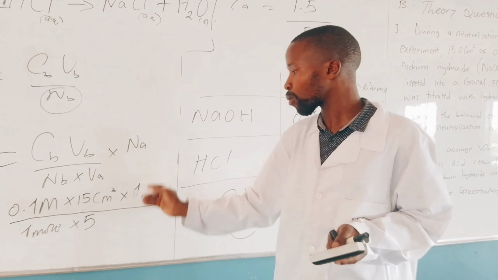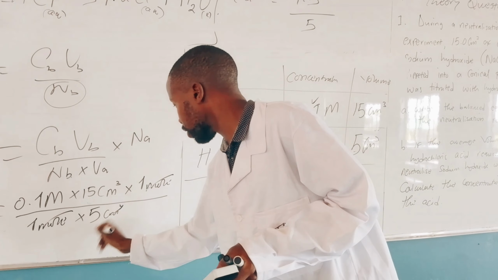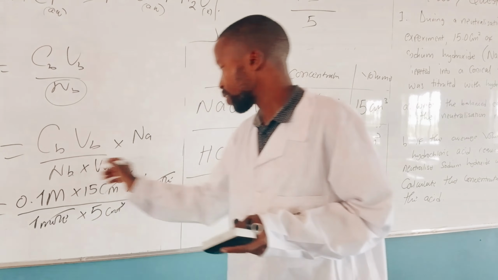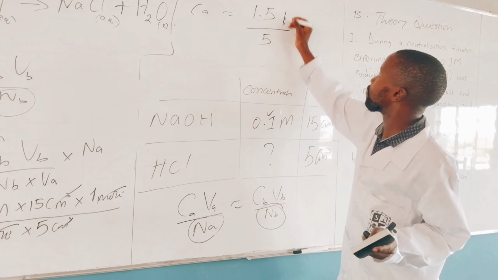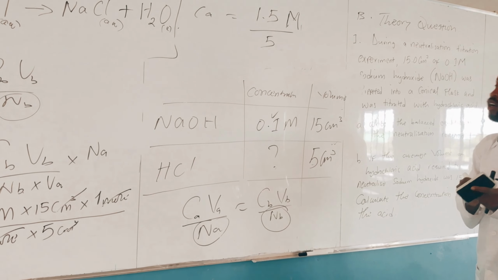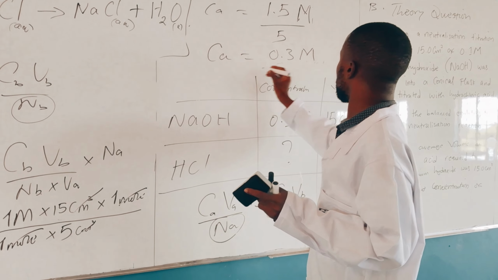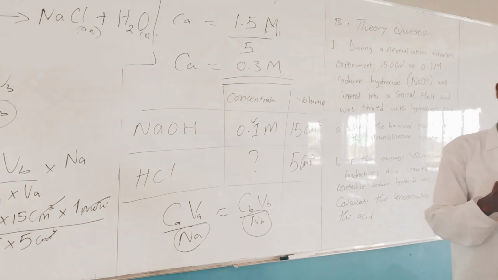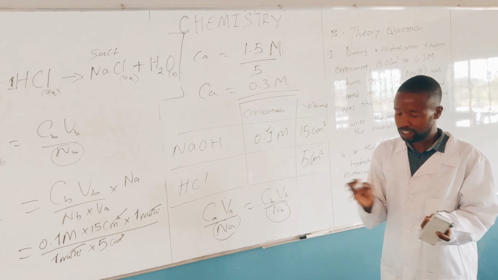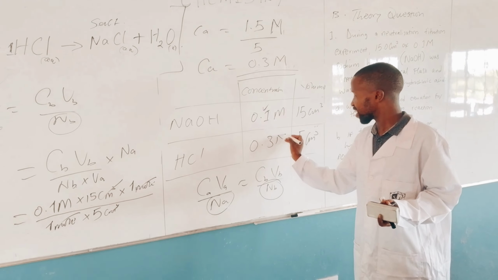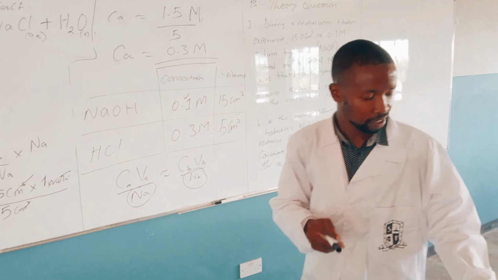The units are moles per cubic centimeter, so 1.5 moles divided by 5. Make sure it's a capital M. Meaning to say that the concentration of the acid used in our titration experiment is 0.3 M. So that's how we work out the titration.